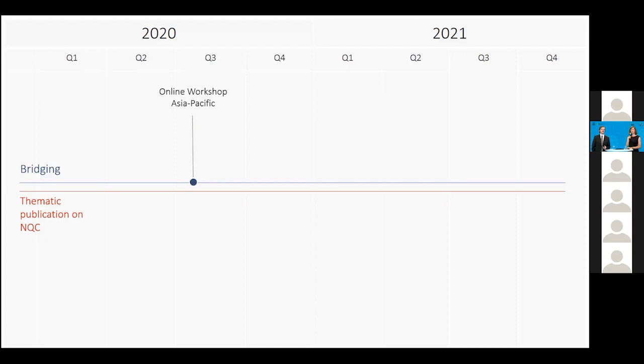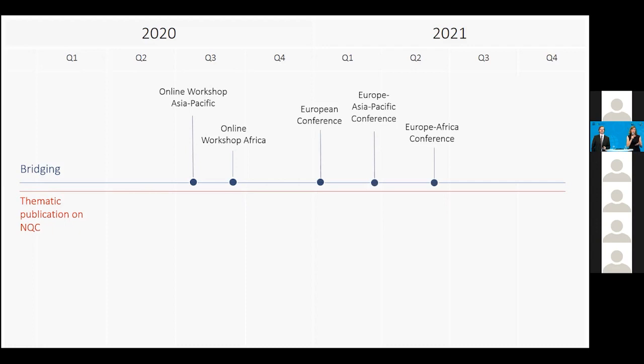Right now, the Africa workshop is taking place in September 2020. And following this, we very much hope to be able to hold 3 physical bridging events in the first half of 2021. Of course, if Corona allows us to; if not, we'll find creative digital solutions to still be able to meet you and to exchange, but hopefully these events can take place.